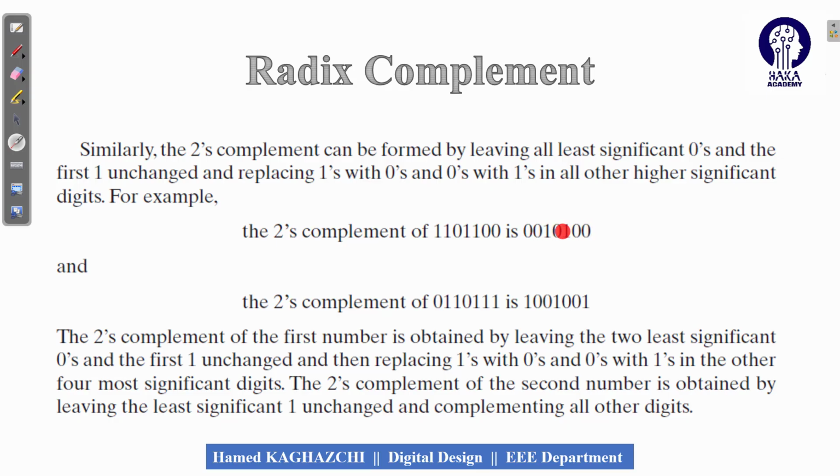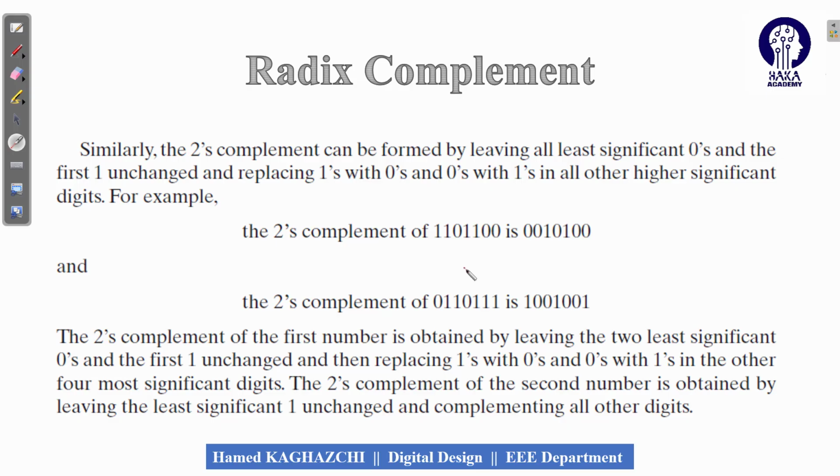If you compare this number with the original number, you can say that all of the zeros from the LSB, from the right side, are the same. And the first one also is the same, it will be constant. Then the rest will be converted: 1 converted to 0, 0 converted to 1, 1 converted to 0, 1 converted to 0.